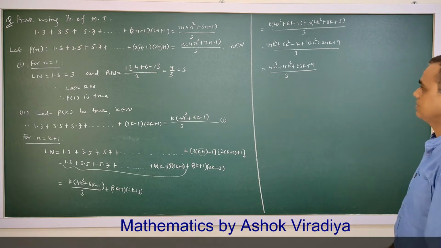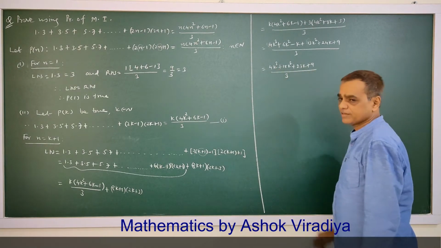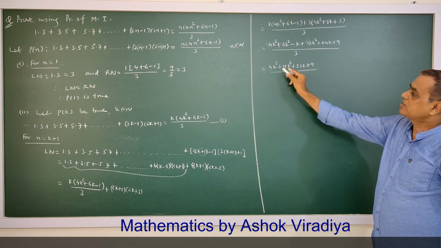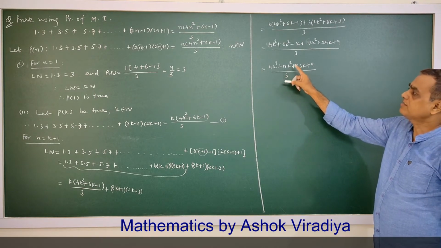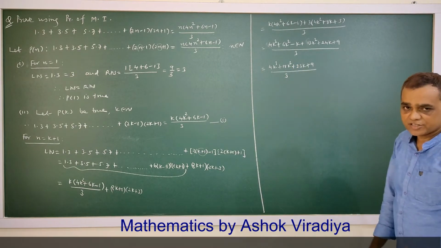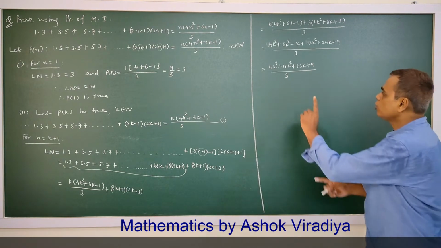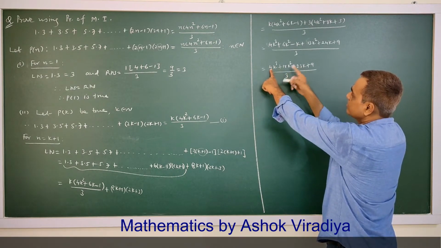Now look here. Say this is a unique polynomial. If you check the sum of coefficients of terms with odd power and the sum of coefficients of terms with even power, look here. 4 is the coefficient of x cube.